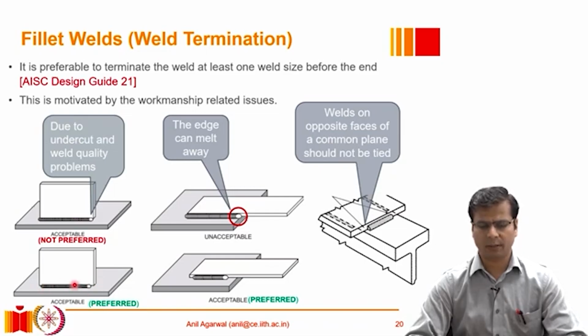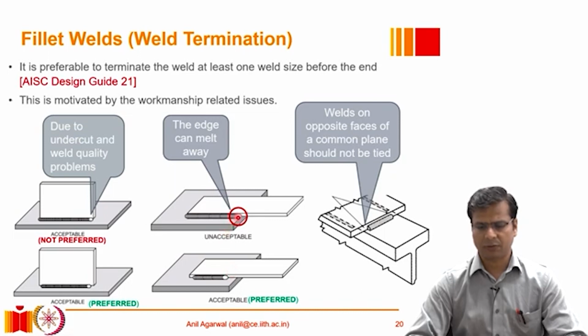So if we require the weld to be slightly shorter, that means we may have to increase the weld size to compensate for that reduction, but we should prefer not to come all the way to the edge and stop. If we have to come to the edge, it is much better to just continue all the way around. A similar example is shown here again.